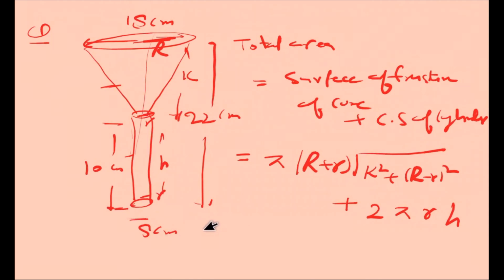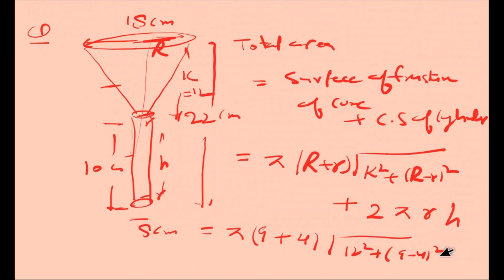Let us start putting the values. Pi, what is the value of R? That is 18 upon 2, 9 centimeter. What is the value of small r? That is 8 upon 2, that is 4 centimeter. Now under root, what is the value of k? k is 22 minus 10, that is 12. So 12 square plus (9 minus 4) square, plus 2 into pi, the value of small r is 4, and the height of the cylinder is 10.